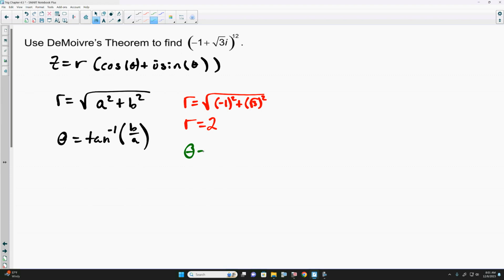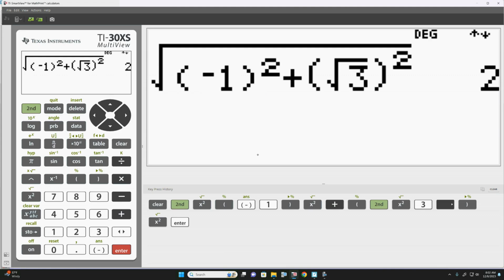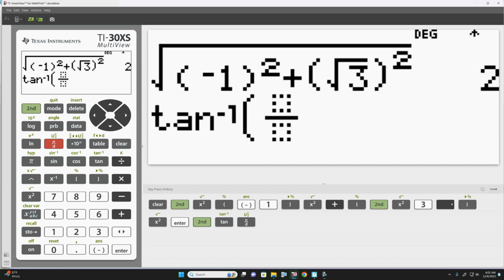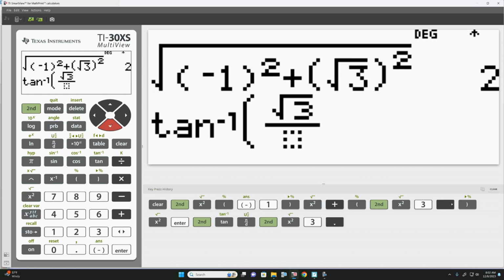Theta is equal to tangent inverse of b over a. I have no idea why I wrote 2. It should be negative 1. So negative square root of 3. So we can say tangent inverse of square root of 3 over negative 1. That'll tell us it is negative 60 degrees.